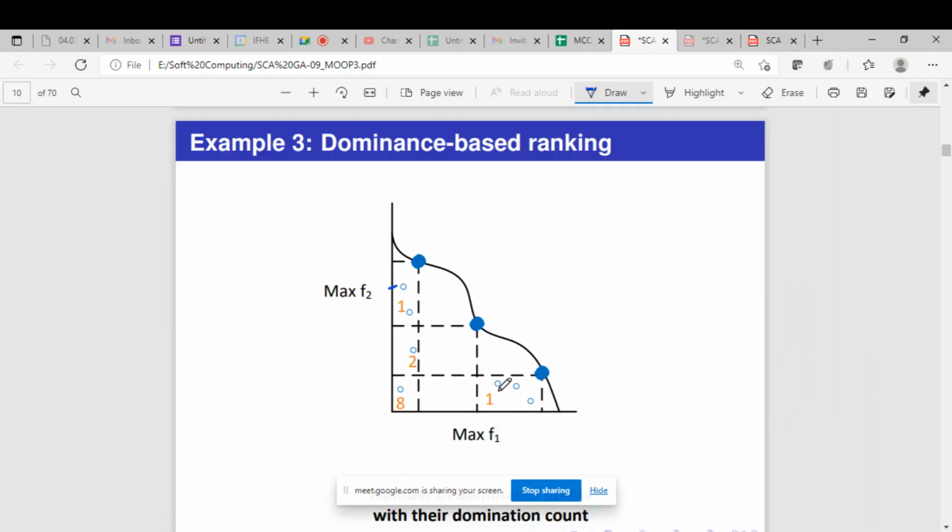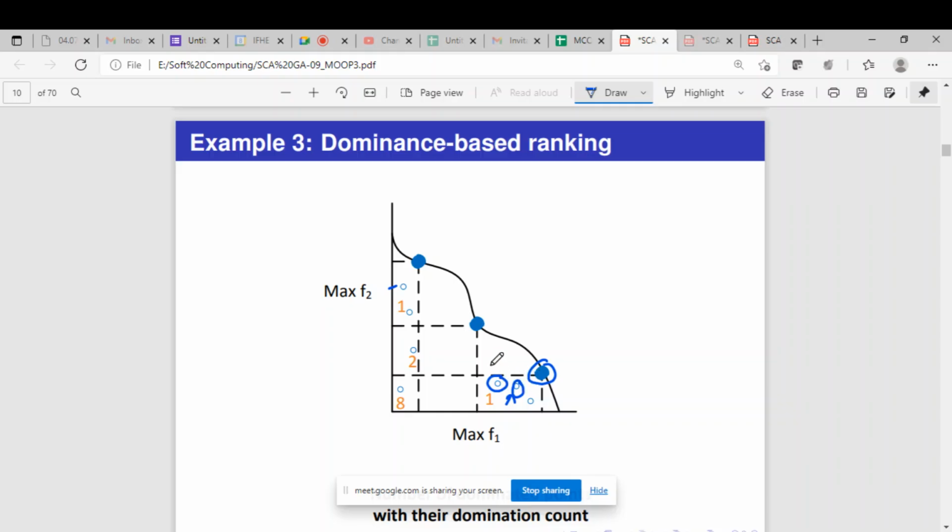Now you see this individual, how many are towards his right and top? Only 1. Who is that? Only this. This point is towards the right, but it is not towards the top. Similarly, with reference to this individual, how many are towards the right and top? Only 1.